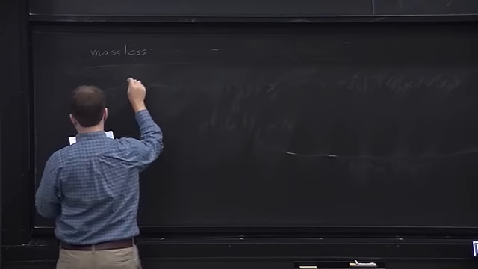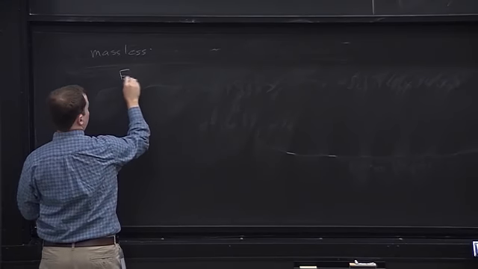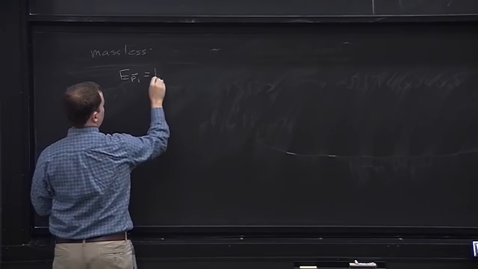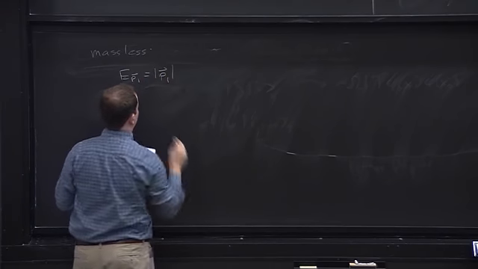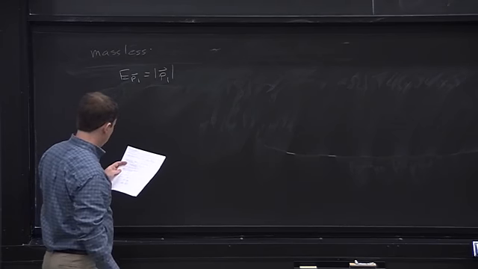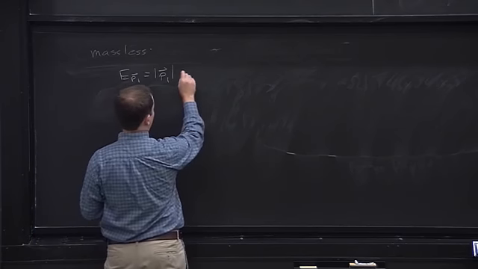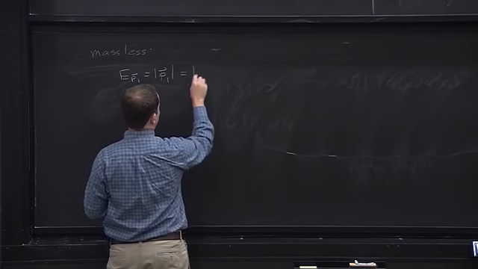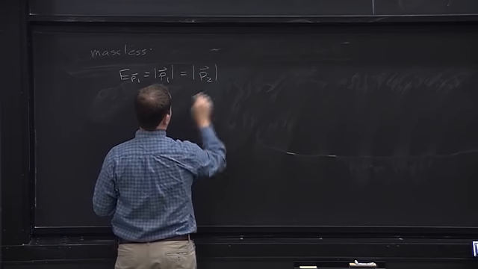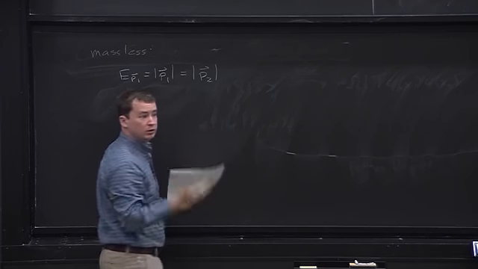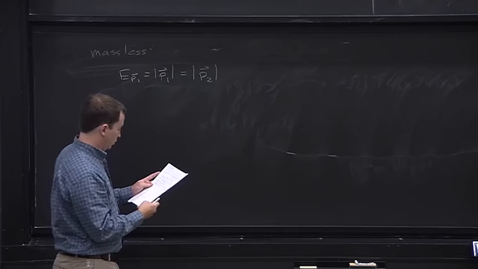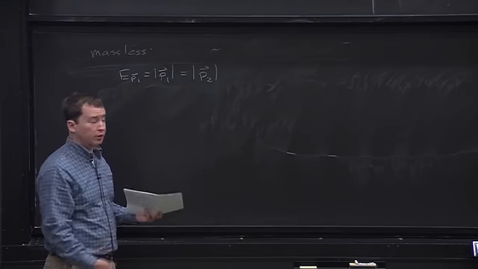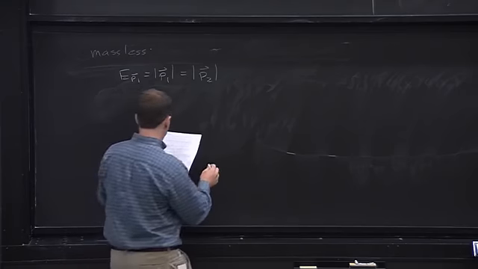And if the particles are massless, then we have a further simplification. We know that E_p1 is equal to the magnitude of the 3-momentum of the first particle, but by momentum conservation, that's equal to the magnitude of p2, since the initial and final 3-momenta are 0.